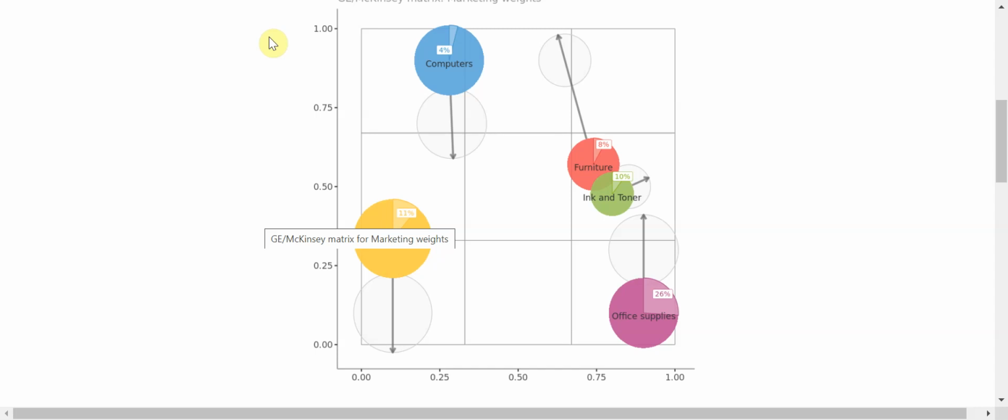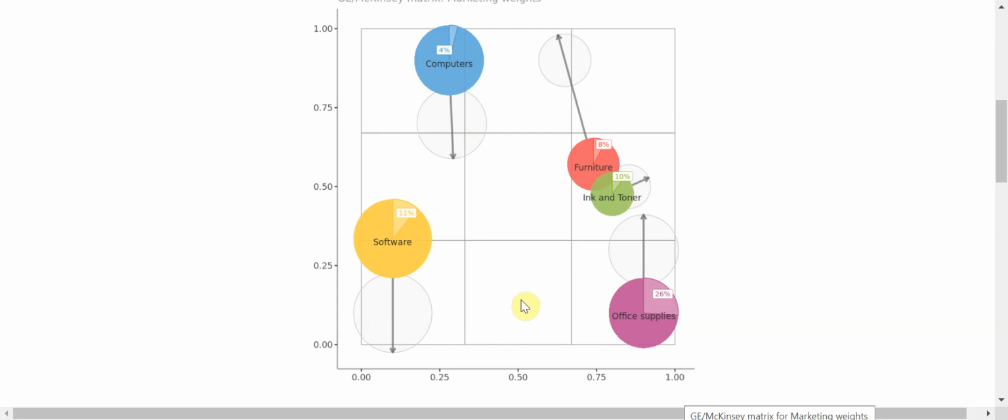Here it is low, medium, high, low, medium, high, so there are 9 different cells in this matrix. The most ideal cell would be this one, and these two are also good. These three are mediocre, and these three are kind of poor.